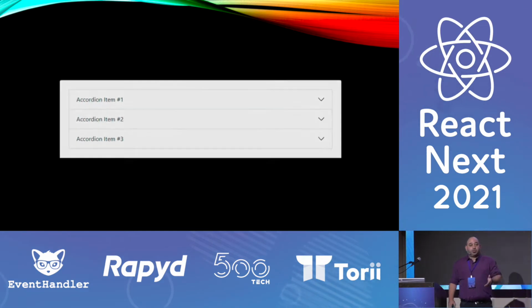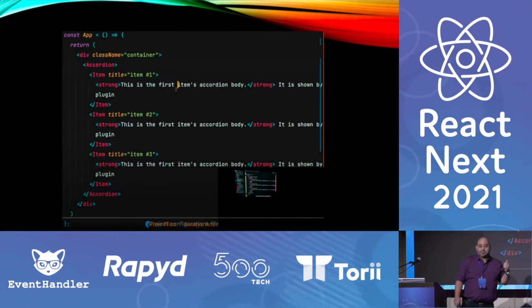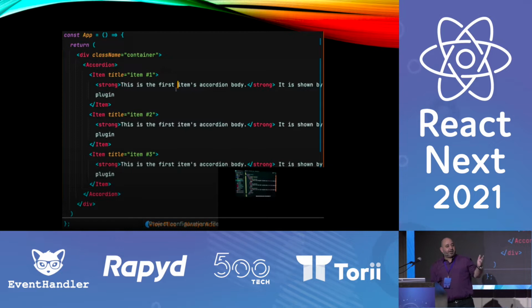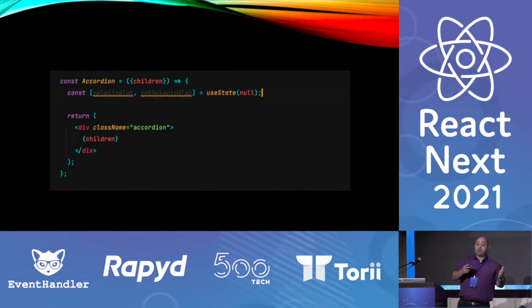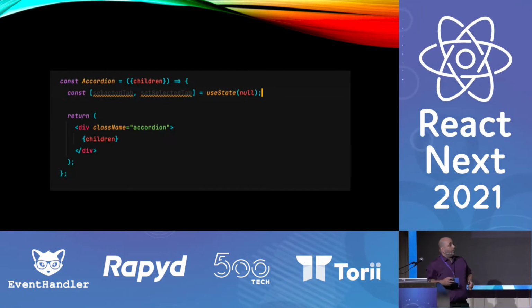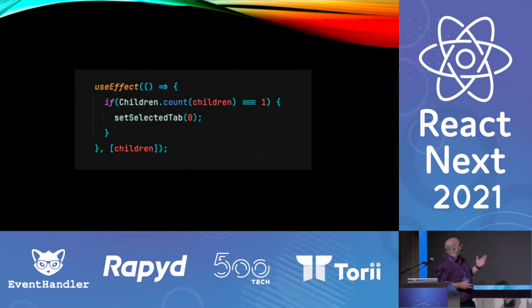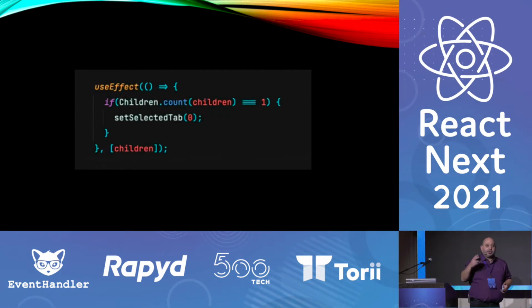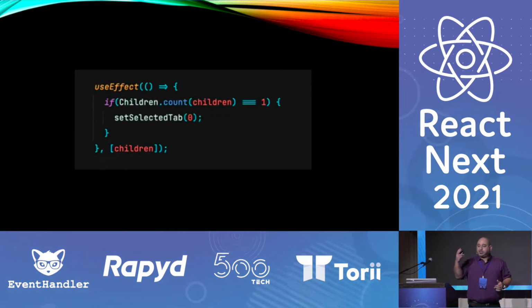It's actually a good question because we get the items as children, and it's an opaque data structure, so we don't know if it's an array or an object. We can't get the length. So we should actually use the Children API, the Children with capital C, and so on.